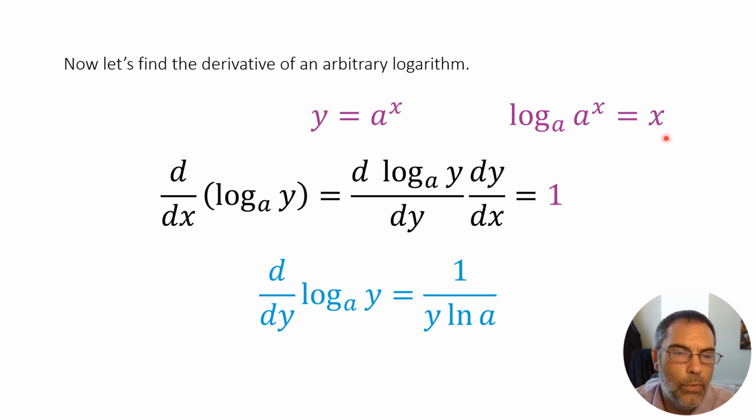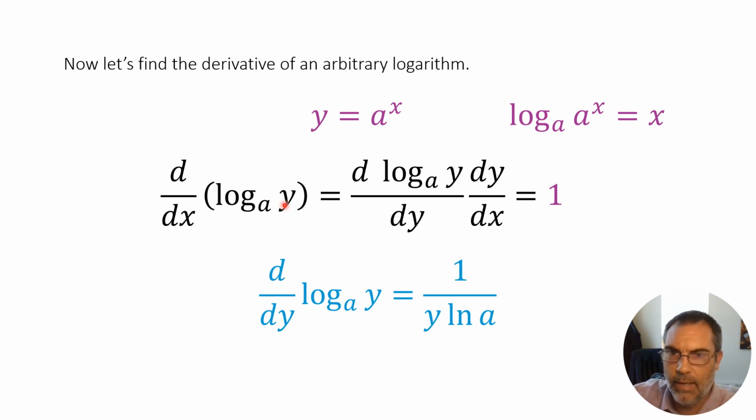So here, what do we have? We have y equals a to the x, and now let's think about an arbitrary logarithm. So if we match the logarithm to the base, you have the inverse operation, and you just get x. And so what's the derivative of this arbitrary logarithm?